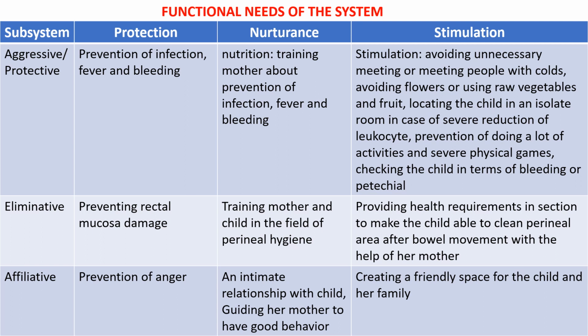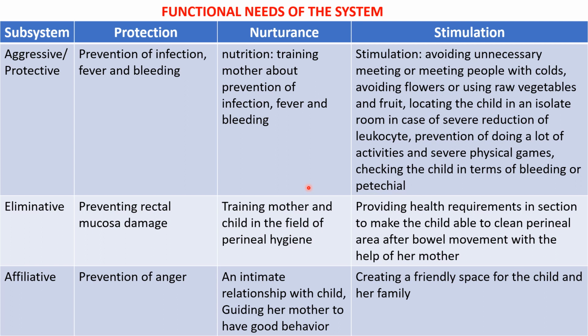The functional needs of the subsystem also we need to see. The functional needs are protection, nurturance and stimulation. One example we can see is the functional need of the eliminative system. The functional need protection is prevention of the damage of the rectal mucosa.